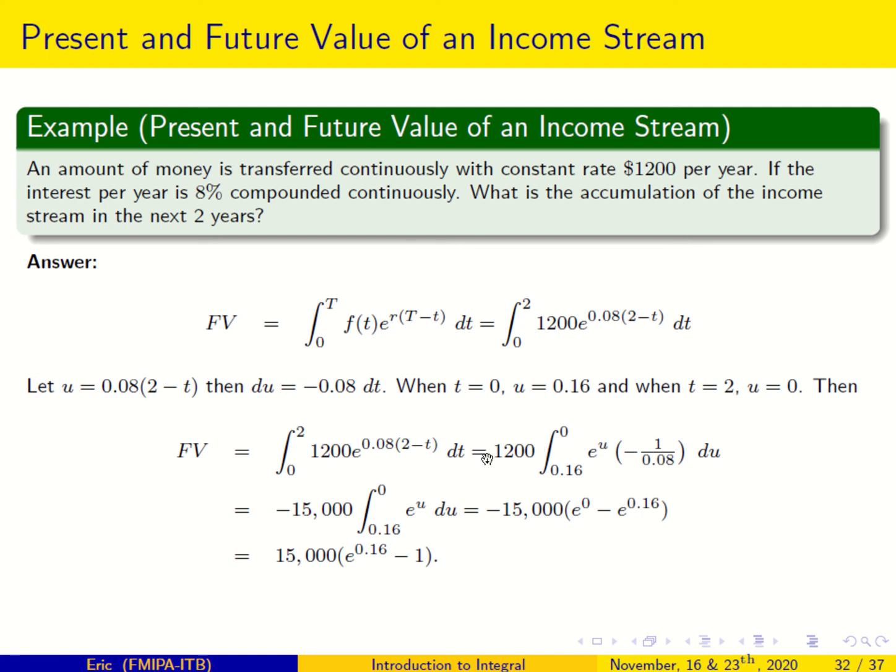It can get out, so I have minus this integral of e to the power of u du, and this is just e to the power of u, evaluated from 0 to 0.16. I have this, okay, and if you have a calculator, you can calculate this. So this is the future value of an income stream for 2 years.